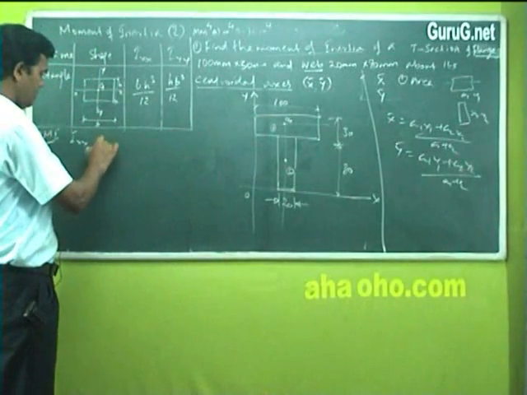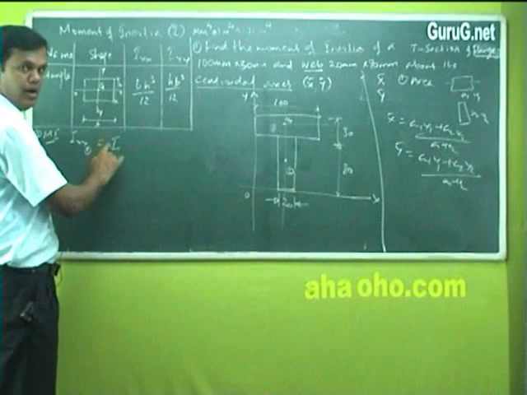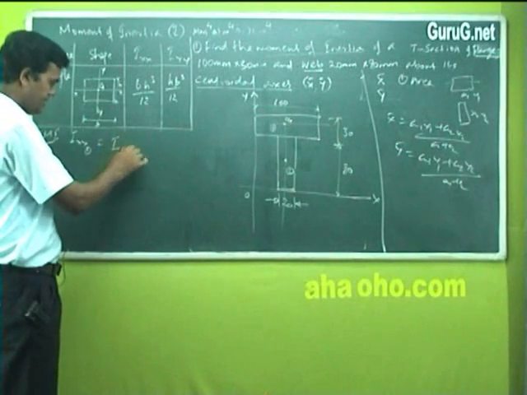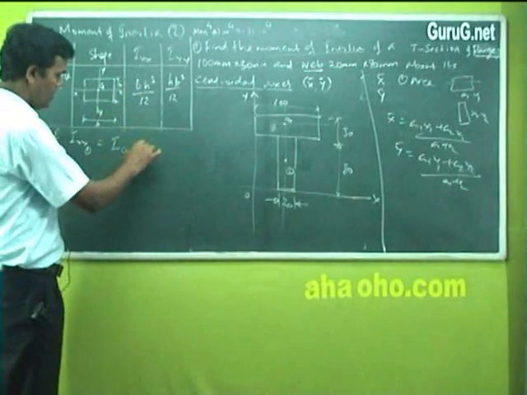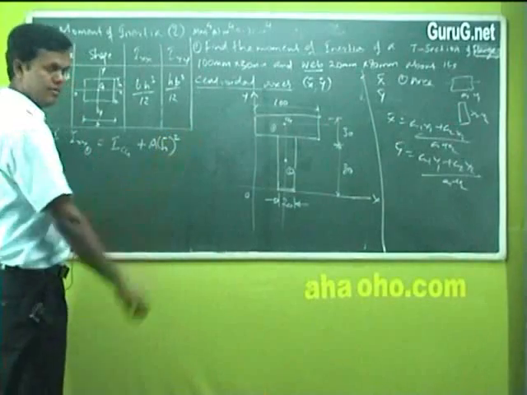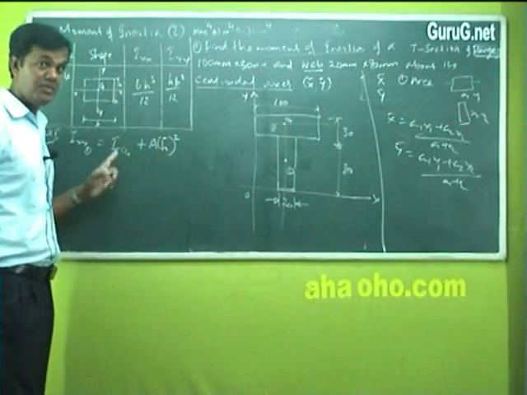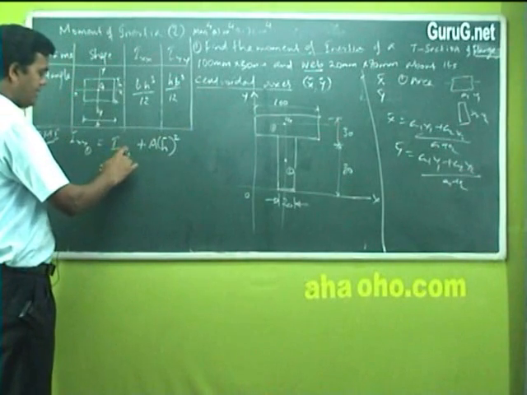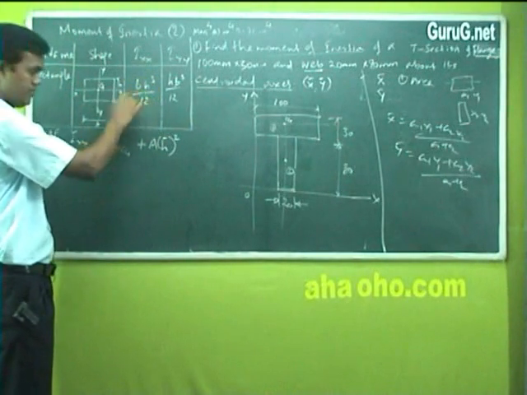What's the formula here? It will be I of CG, that is the center of gravity, plus A into h bar whole square, which we already told you, based on the parallel axis theorem. Now this ICG is nothing but this formula.